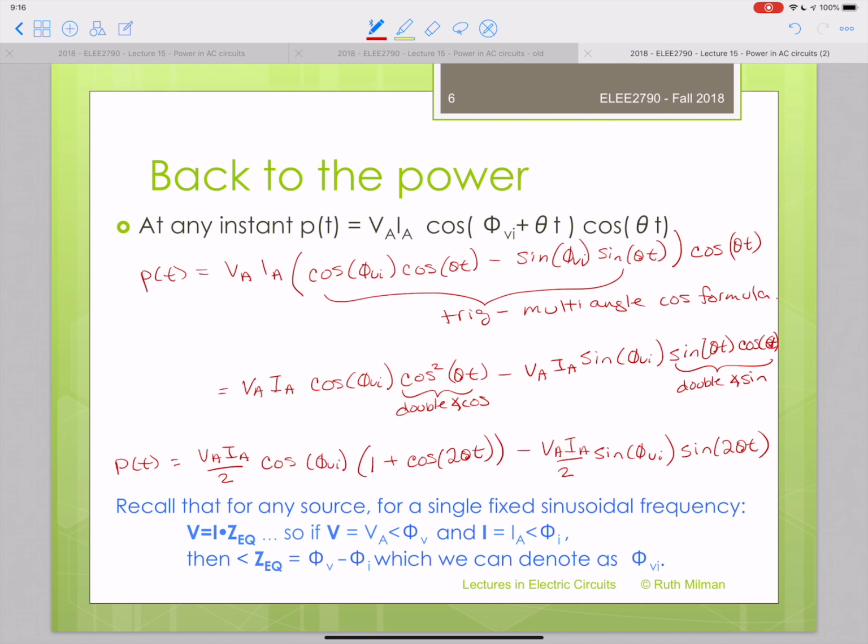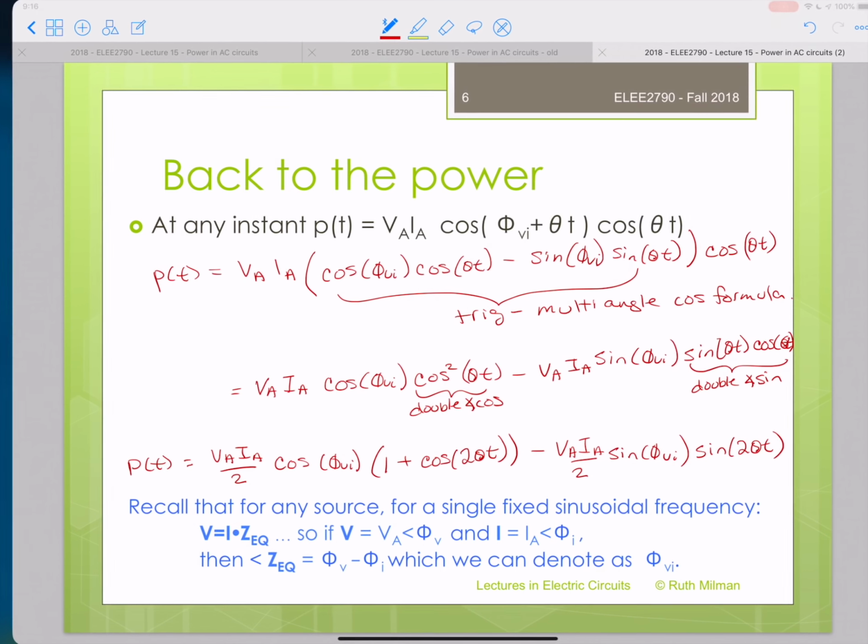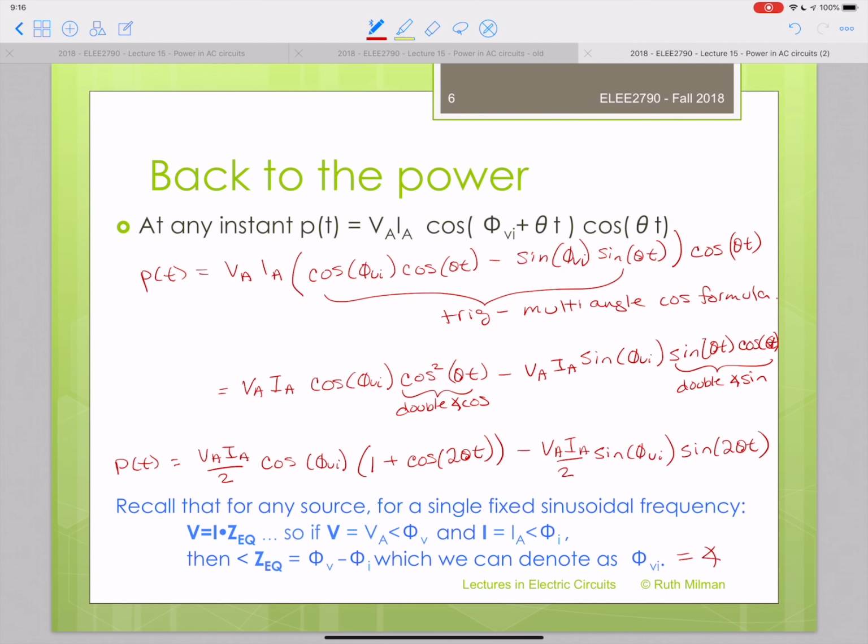So recall that for any source for a fixed sinusoidal frequency, we can get a relationship between the voltage and the current through the angle of the impedance. So if the voltage is actually VA, an amplitude of VA with a phase shift of phi V, and the current has an amplitude of IA with a phase shift of phi I, then we know that the equivalent impedance angle is the difference between those two, and we've simply been denoting that as phi VI, which is going to be what we use.